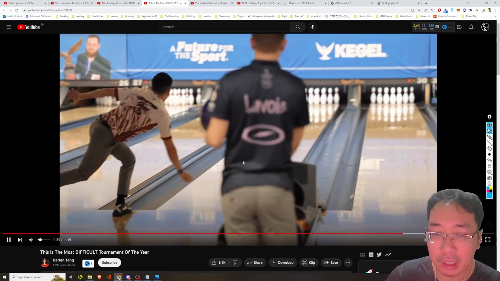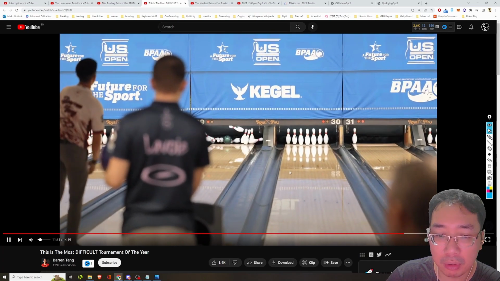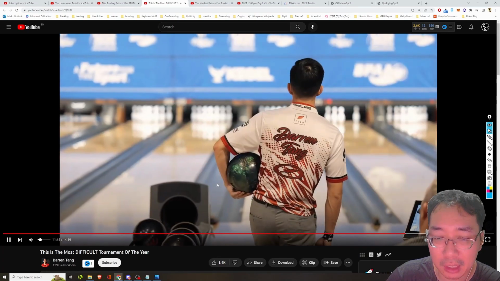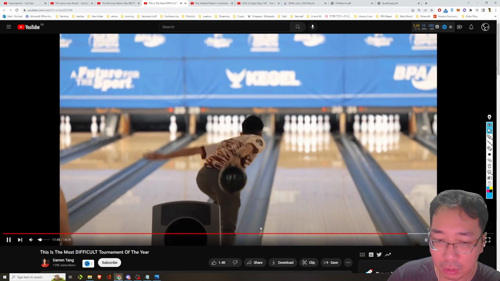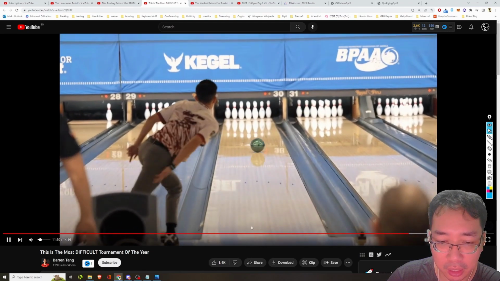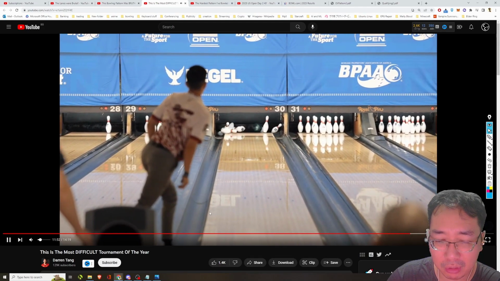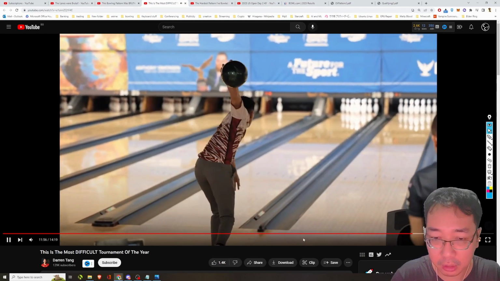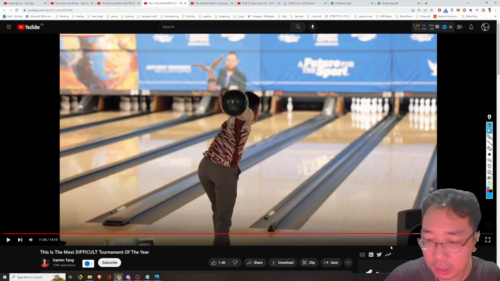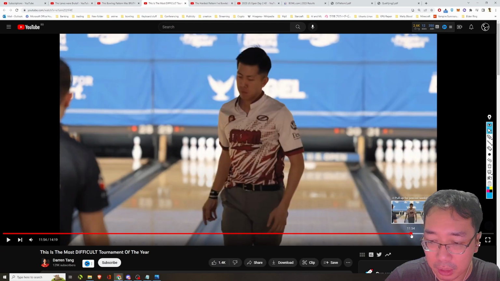Yep, so now you can see Darren is sliding in front of the ball return, sliding well into the gutter area. His left foot is ending well into the gutter area, and he has to loft the ball a little bit. Let me reverse that a bit.